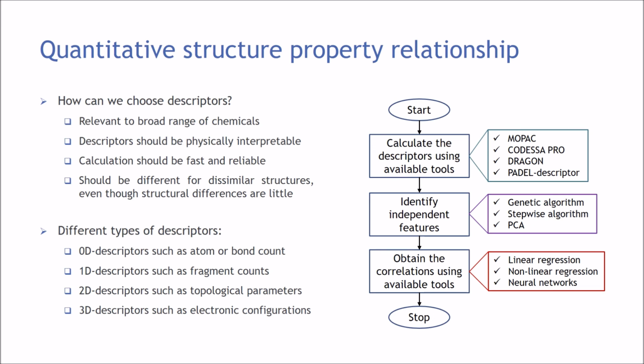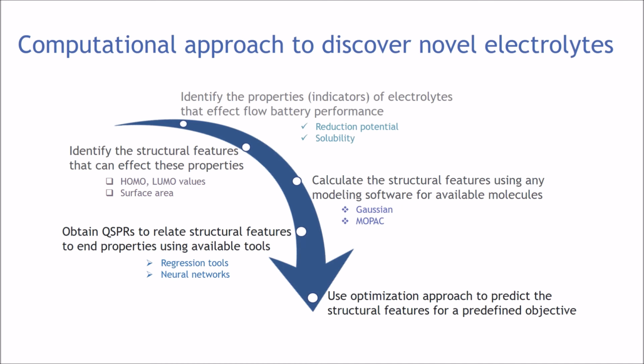Now we have a clear picture of the QSPR methodology. So let's see the computational approach to discover novel electrolytes. This pathway can be divided into 5 steps. First one is to identify the properties of electrolytes that affect flow battery performance, like reduction potential and solubility.